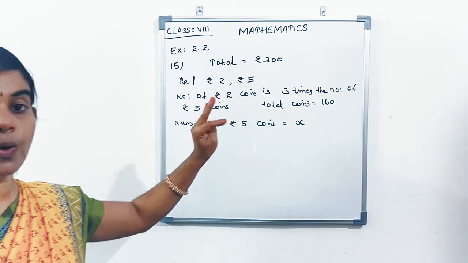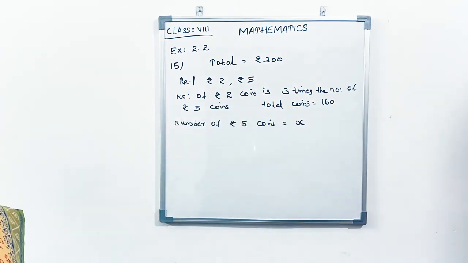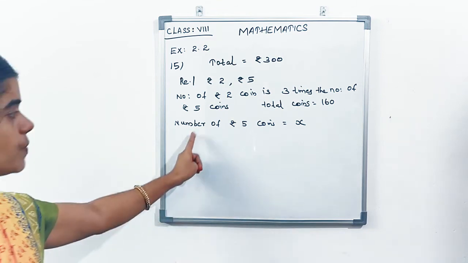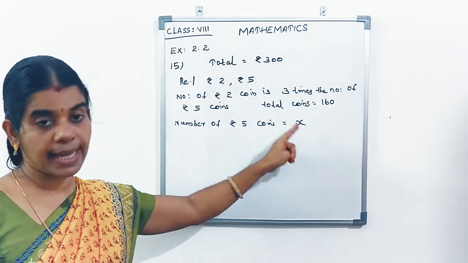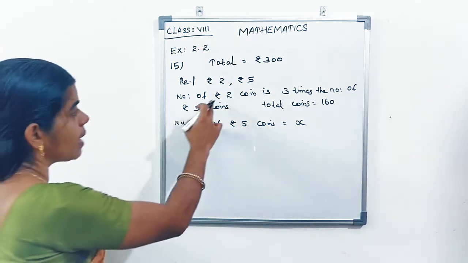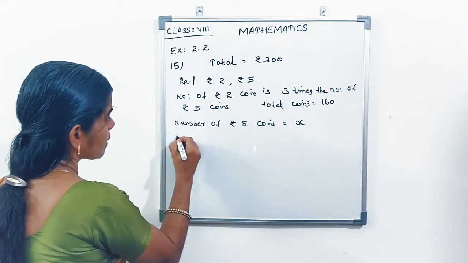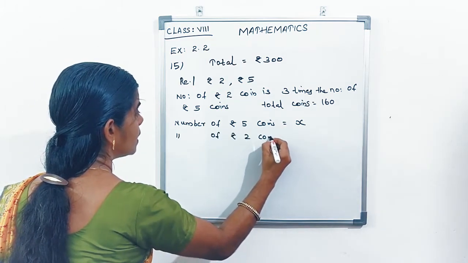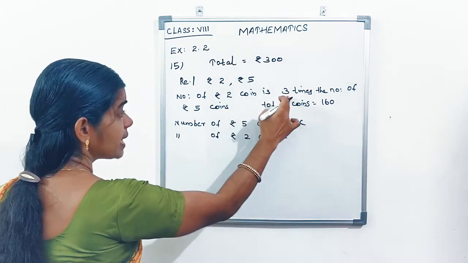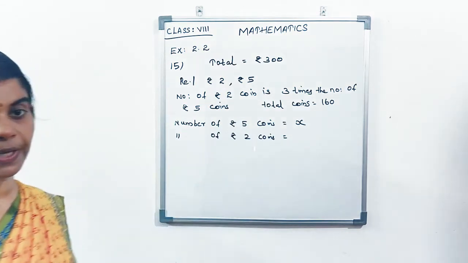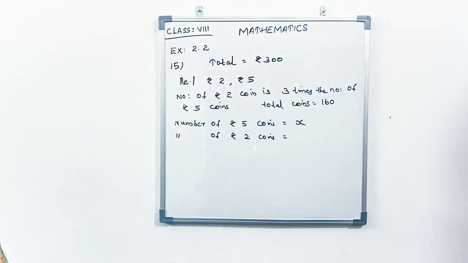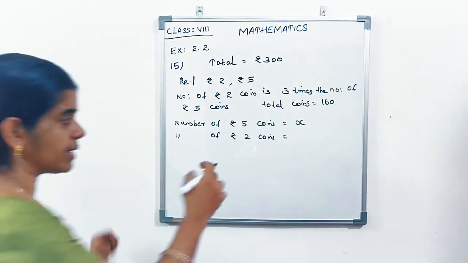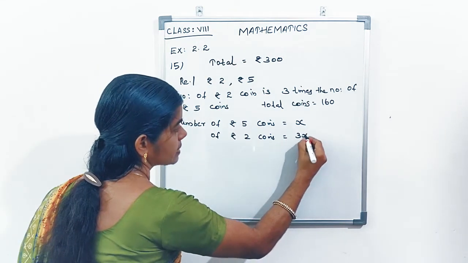Then what will be the number of 2 rupee coins? It is 3 times the number of 5 rupee coins. We have already taken 5 rupee coins as X, so 3 times X is 3X.